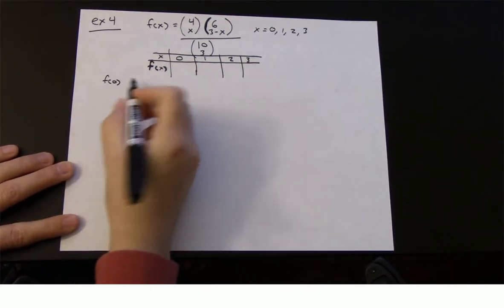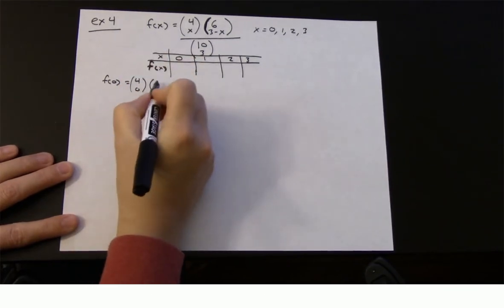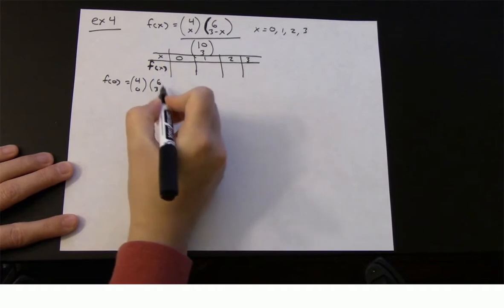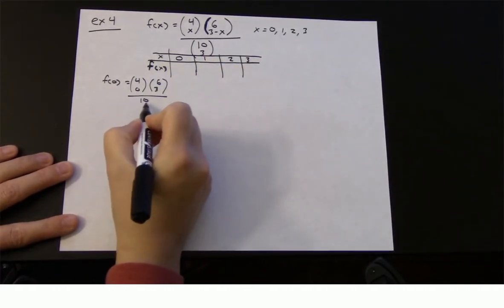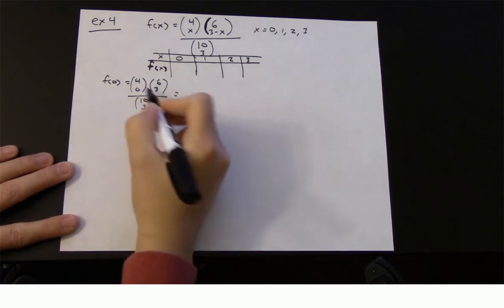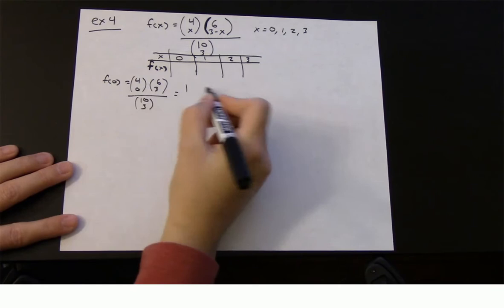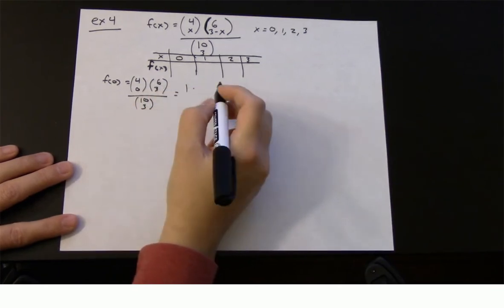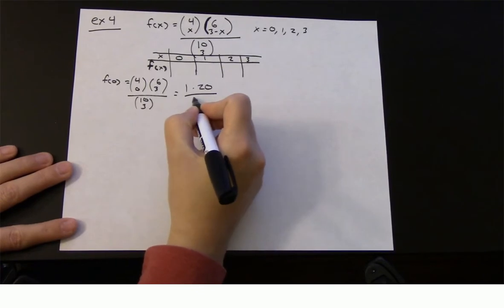The way I do that is I plug in 0 here: 6 choose 3, because 3 minus 0 is just 3, and then 10 choose 3. 4 choose 0 is 1. You want to go and use your combination formula and practice calculating that. Go for it. 6 choose 3 is 20.